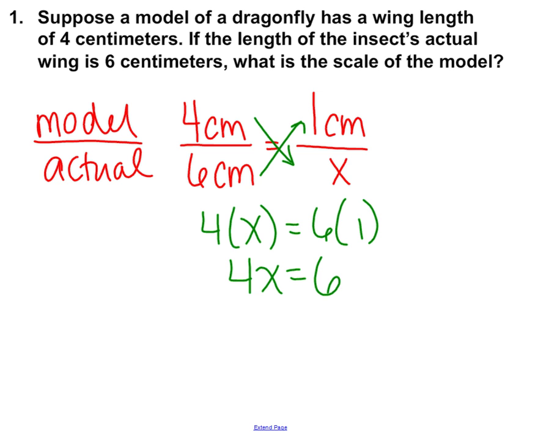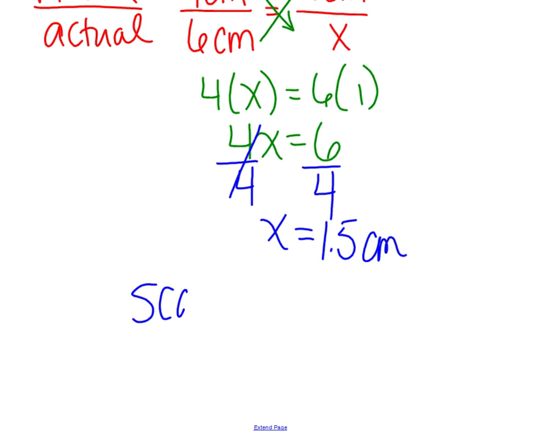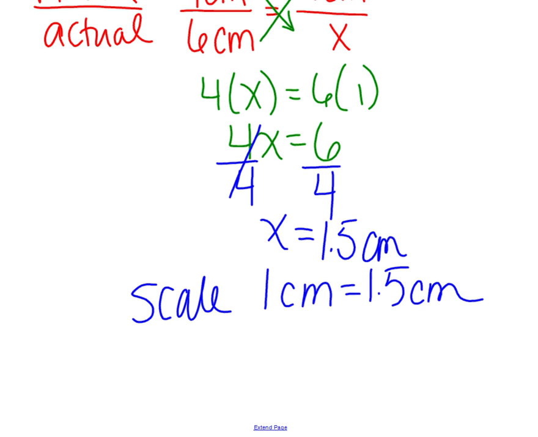Our variable x is being multiplied by 4, so I'm going to divide by 4 on both sides of the equation, and I get x equaling 1.5. And that's going to be in centimeters. So our actual scale is going to be 1 centimeter equals 1.5 centimeters.